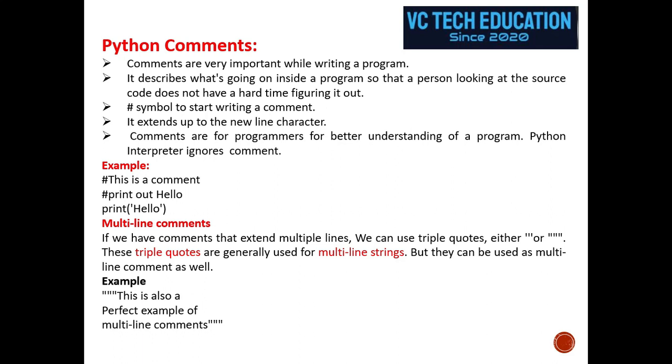A hash symbol is given at the starting of the comment. It extends to the newline character. Comments are for programmers for better understanding of a program. The Python interpreter ignores comments. Example, hash, this is a comment, hash, print hello, then we give the code for print hello.